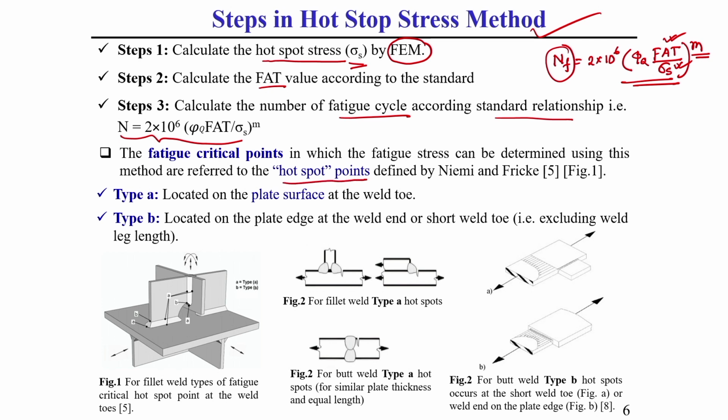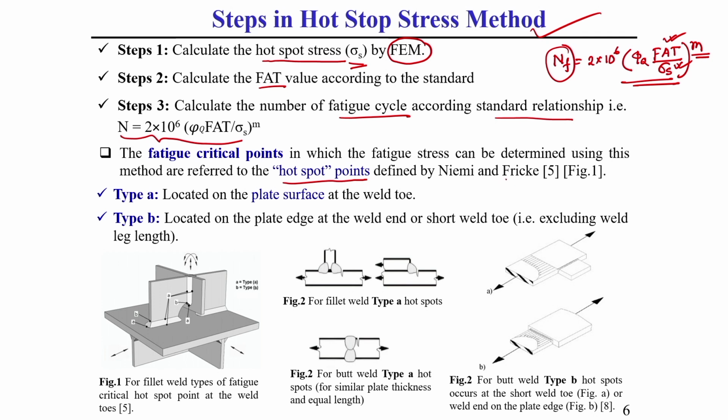Generally, the hot spot point, according to Niemi and Fricke, these two researchers who recommended and proposed this in the IIW standard, which is nowadays also very popularly used. Generally this hot spot point is grouped into 2 categories.